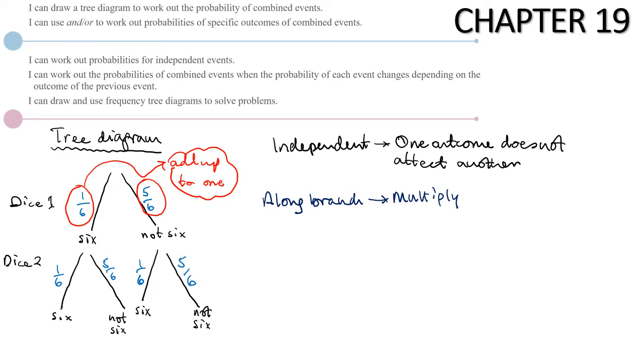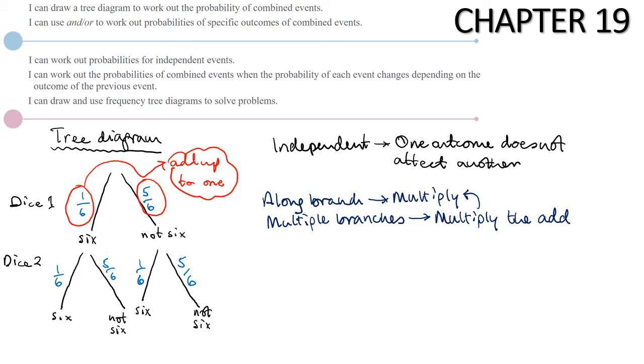If I have to go along multiple branches to find the probability, then I still multiply, but after I've multiplied what I get from each branch, I then add the results of what I get from each branch.